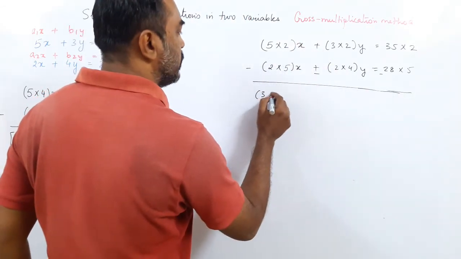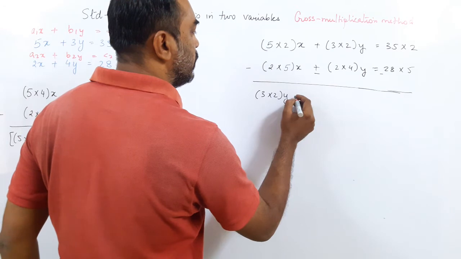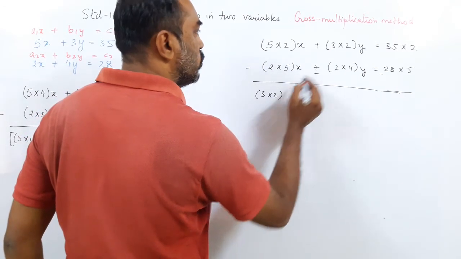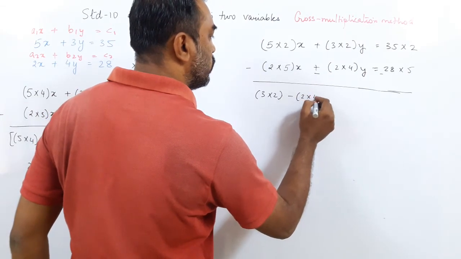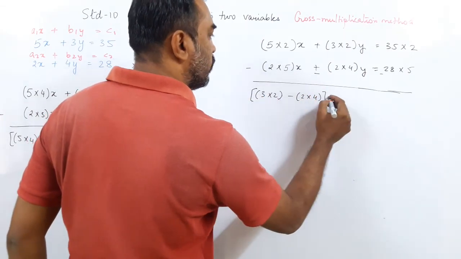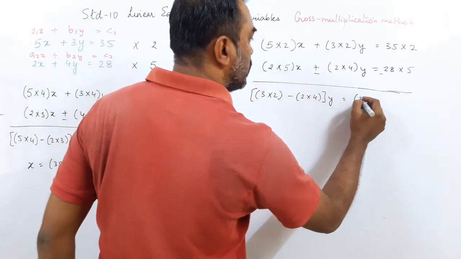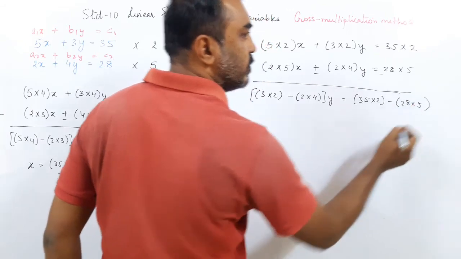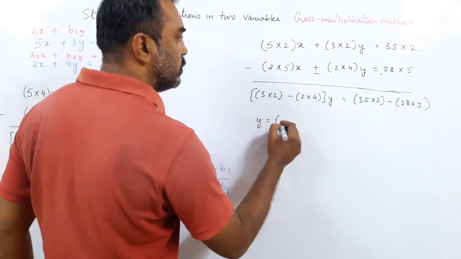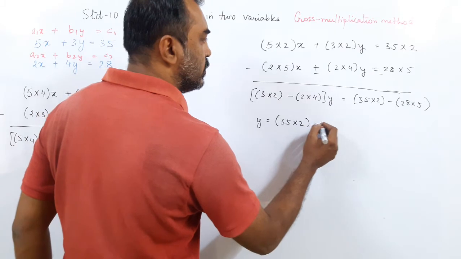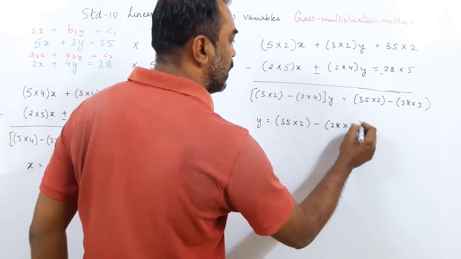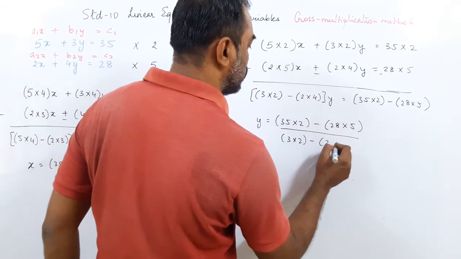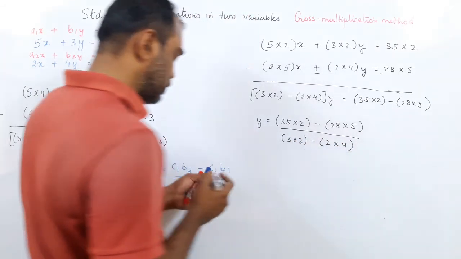What remains? 3 into 2 minus 2 into 4, y common, equal to 35 into 2 minus 28 into 5. So y is equal to 35 into 2 minus 28 into 5 upon 3 into 2 minus 2 into 4.